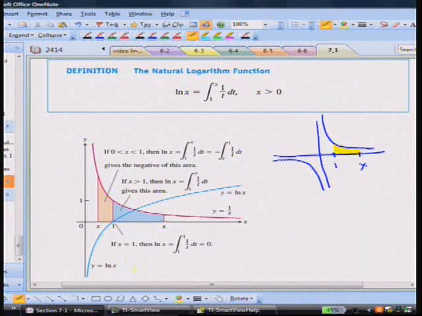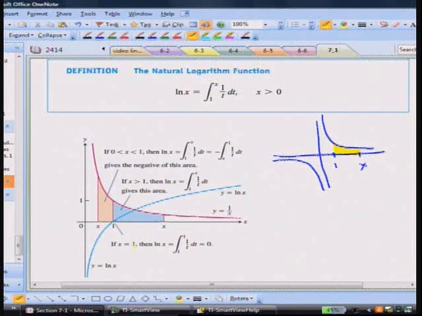Now, the function is not defined at 0. You can't take the ln of 0, and you can't have negative x's either. So it's only for x greater than 0, not including 0. And if you try it on your calculator, the ln of 0 is undefined. And you can see why, because if you were at 0, this area goes without bound, so it doesn't make any sense.